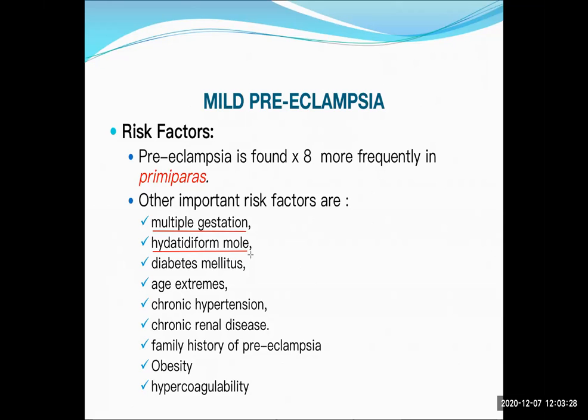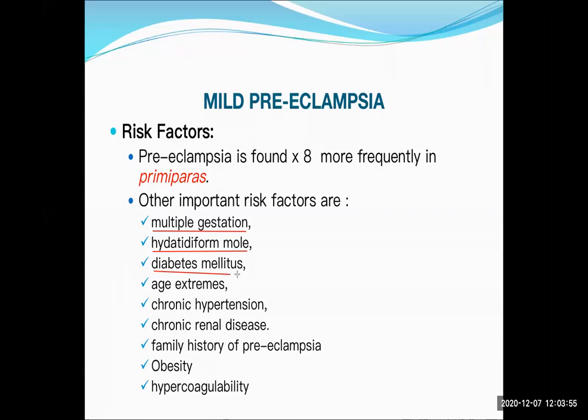This is a very interesting type of situation where a faulty ovum is fertilized by the sperm. There are 2 types of hydatidiform mole: incomplete mole and complete mole. In complete mole, there is no fetal tissue at all. It is all replaced by the molar tissue. We'll talk about this. This is a special class.